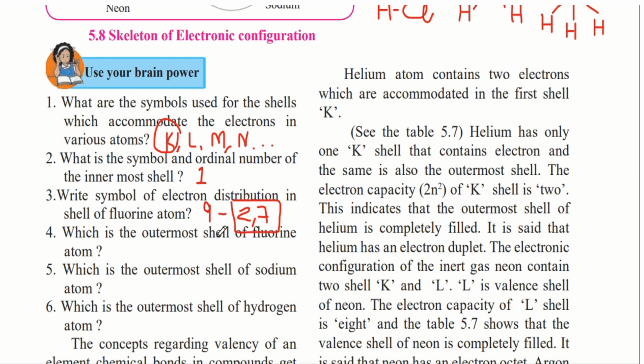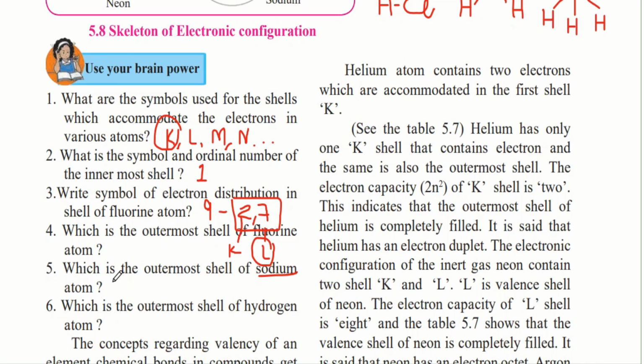Which is the outermost shell of fluorine atom? So, the first 2 electrons would be in the K shell and the next 7 electrons would be in the L shell. So, L is the outermost shell of fluorine. Which is the outermost shell for sodium atom? So, we just saw the electronic configuration in the shell format in the previous diagram.